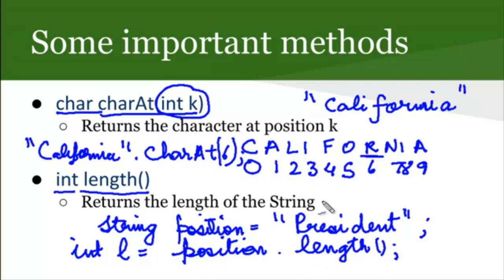So position dot length will return the length of the string president, which has 9 characters. So the value of L will be 9 because the length of the string is 9. So basically this method just returns the length of the string, and the type which it returns is integer. So it will just return the number of characters in the string.